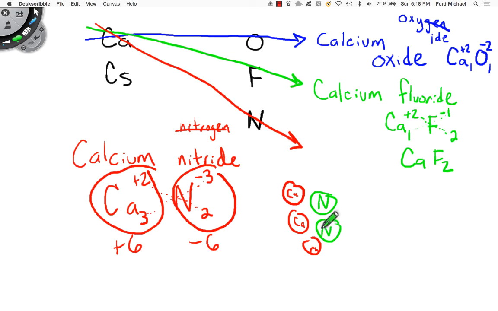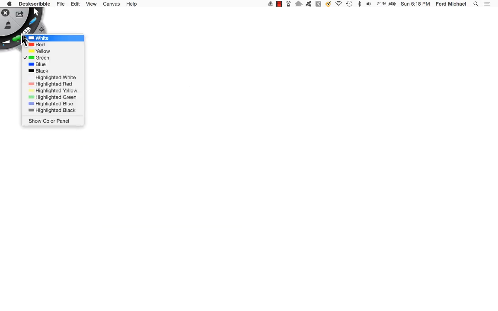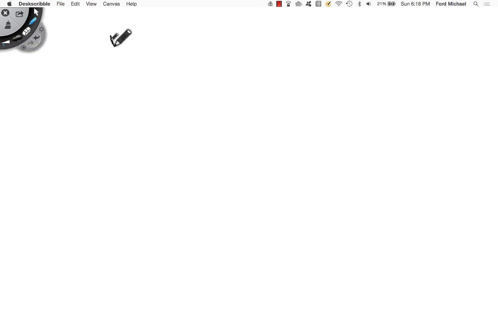All right, I'm going to back up a few steps, and we'll do some more examples with cesium. So we have cesium with oxygen, fluorine, and nitrogen.